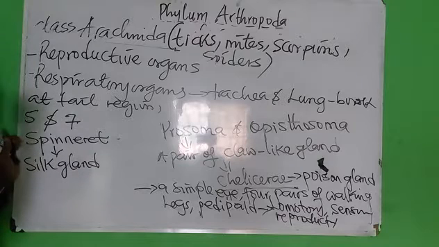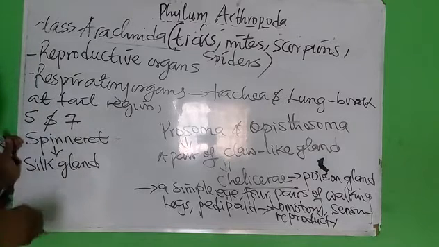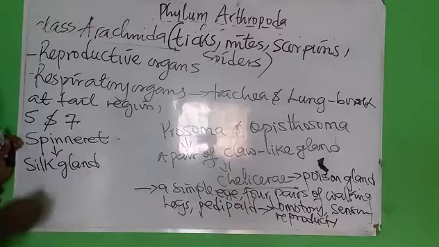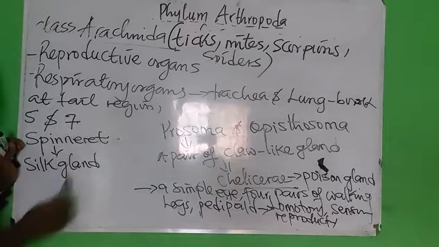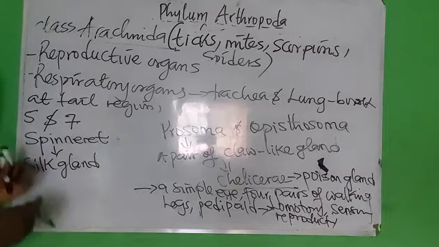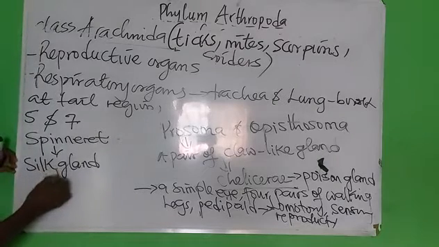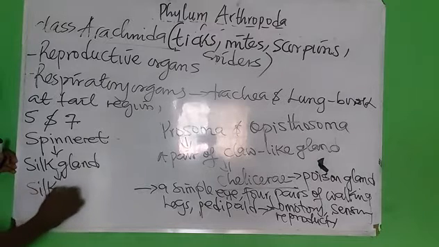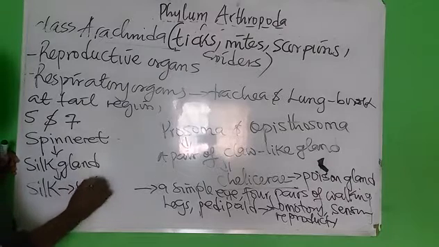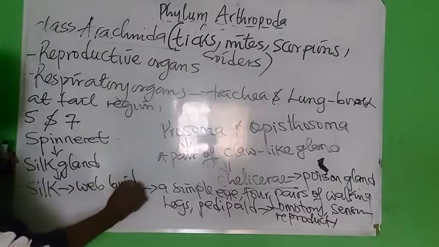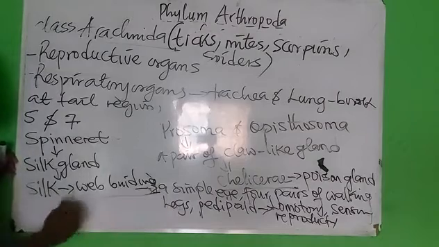Book lung. The silk gland produces silk, which is used for web building, that's a cobweb.